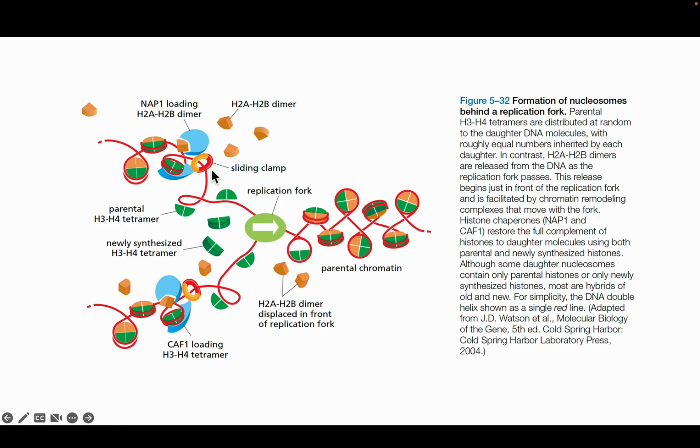So these are sliding clamp, H2A, H2B dimer. NAP chaperone loads H2A, H2B dimer to the DNA. As the replication fork goes on, parental H3, H4 and newly synthesized H2A, H2B dimer are displaced in front of the replication fork. CAF1 loads H3, H4 tetramer.